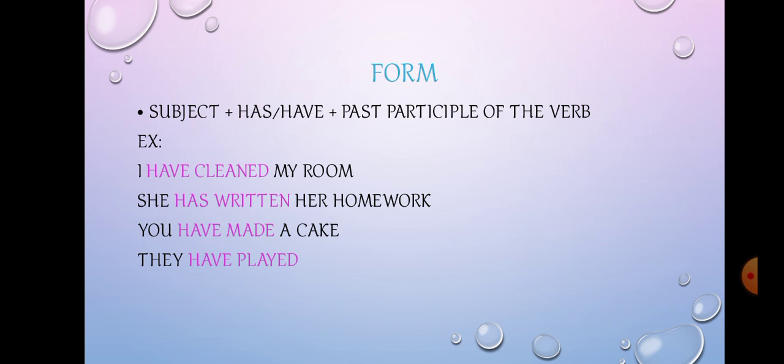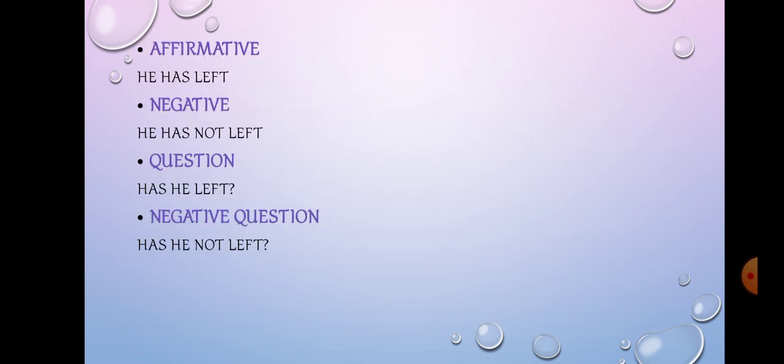Okay, so moving on to the next section. Now let's see how to change the present perfect tense to negative form, question form, and negative question form. At the very beginning of this page you have what is called affirmative. Affirmative means, children, the normal sentence.